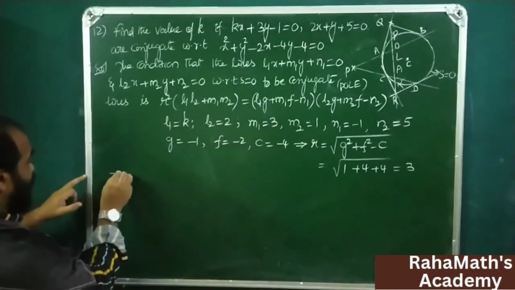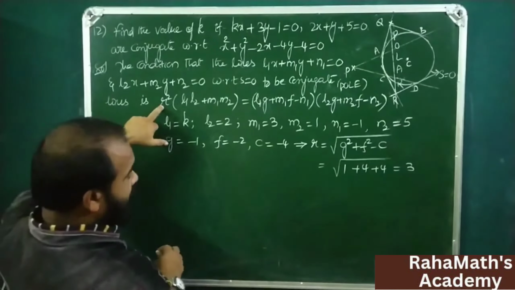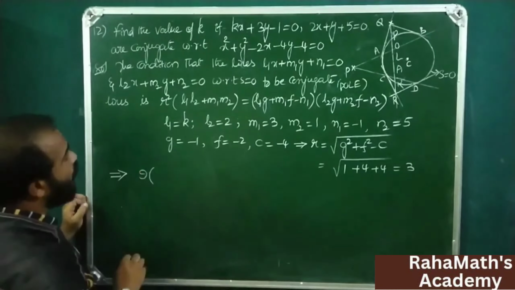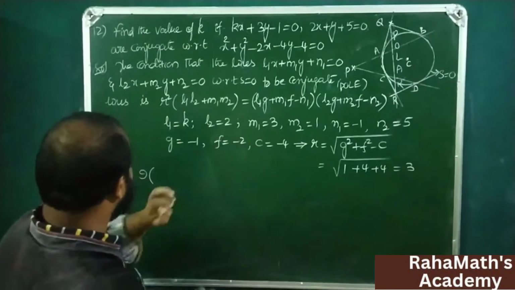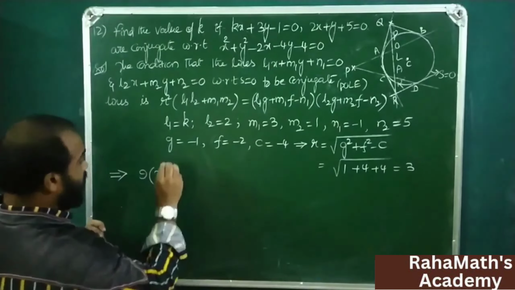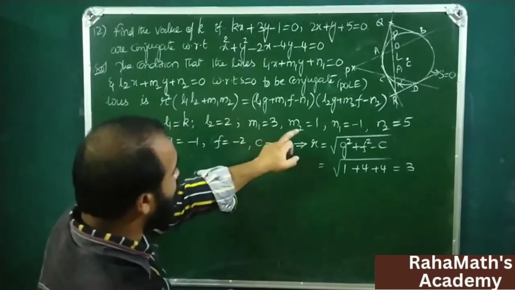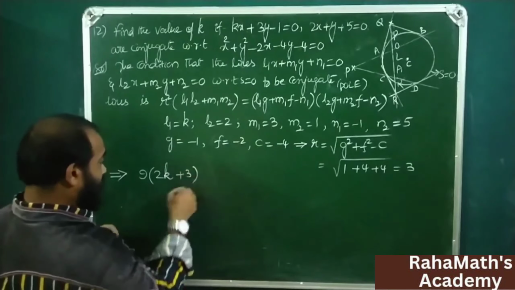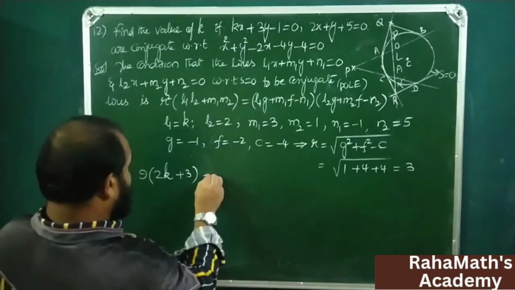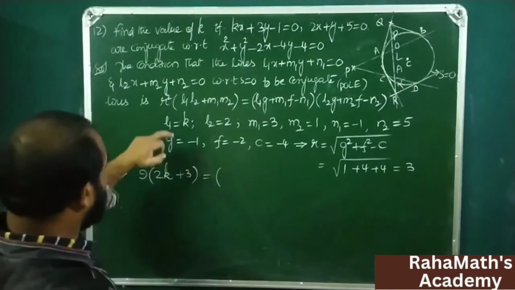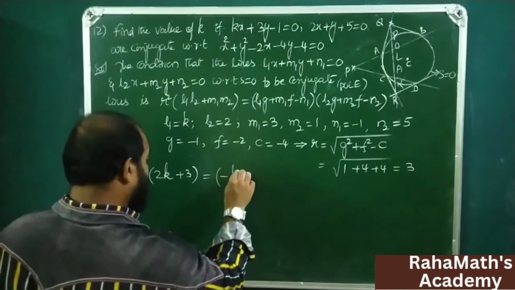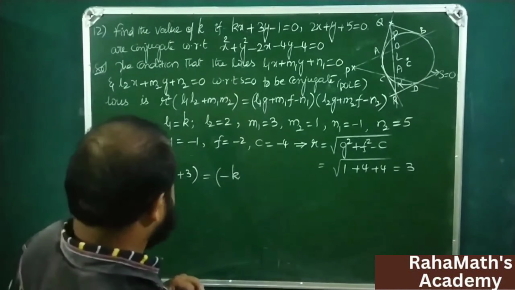So now substitute r square, 3 square is 9, into L1 L2. So 2k plus M1 M2, 3 ones are 3, is equals to L1g: k into minus 1 is minus k.